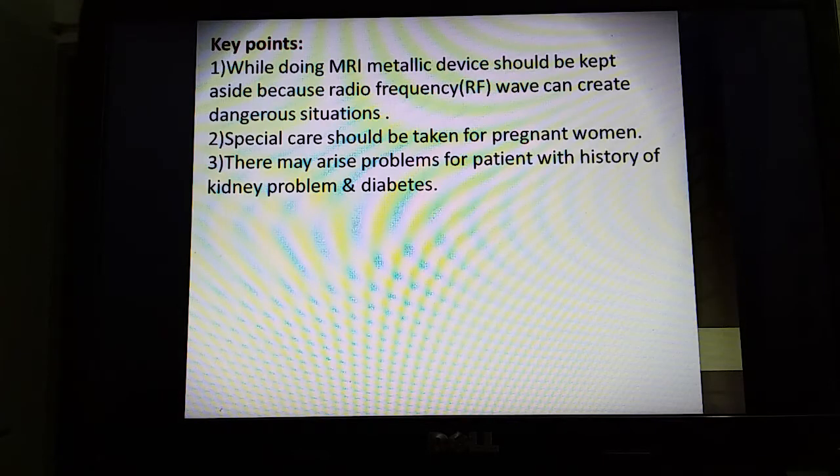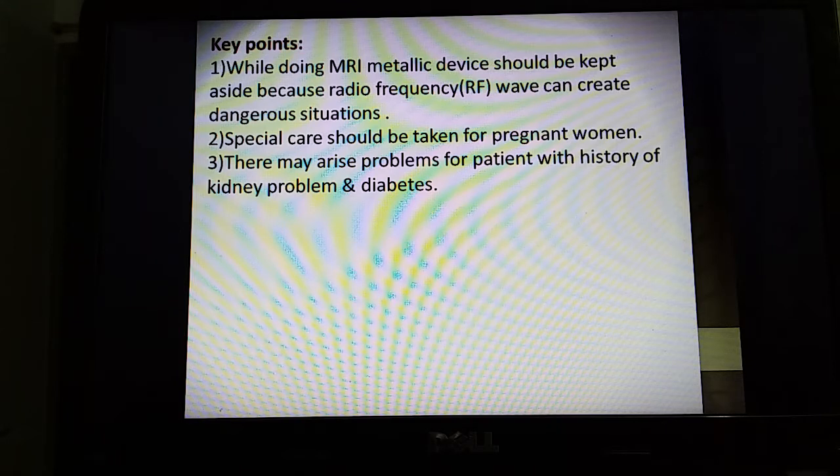Some key points we have to keep in mind while doing MRI. Metallic devices shouldn't be kept aside because radio frequency waves can create dangerous situations by heating up the metal. If the patient has any metal element with him, that can create problems here.